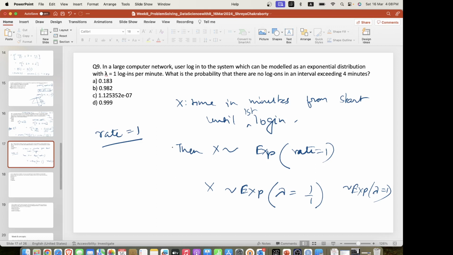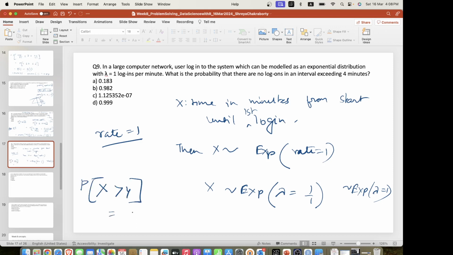So then the probability of no logins in an interval exceeding 4 minutes is the probability X greater than 4. The first login happens after 4 minutes.